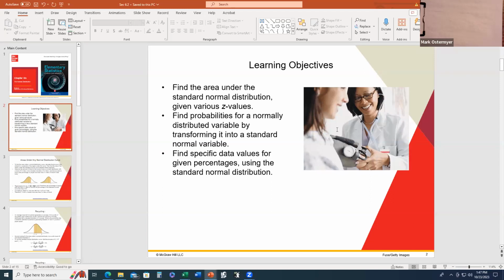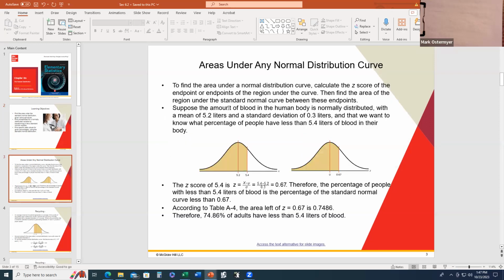All right, ladies and gentlemen, so we're going to apply the normal distribution to the so-called real world. We've already seen that areas are the same thing as probabilities.